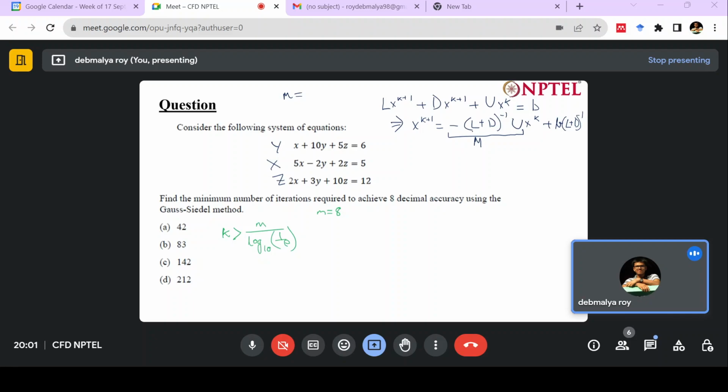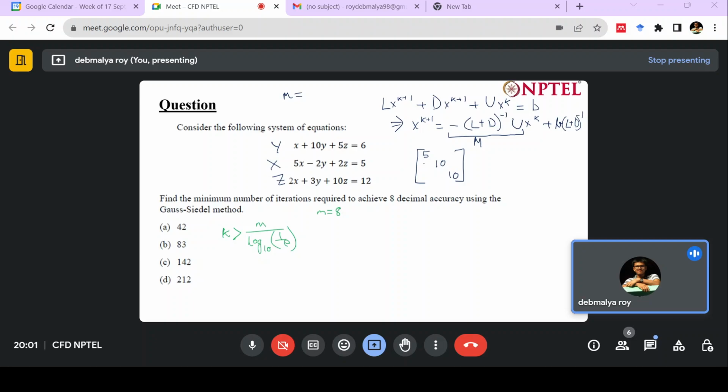So we have to find (L plus D) inverse, right? So what is L plus D? So the X matrix we will take first. So D will be like this: 5, Y is 10, and that is. And L we would have here.